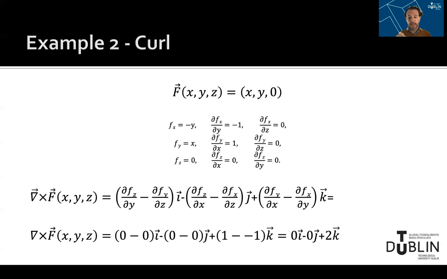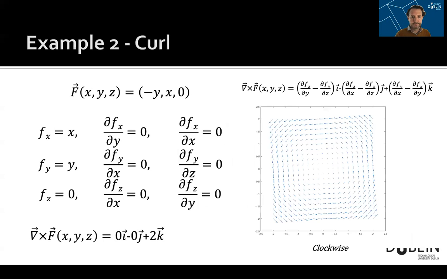And so that makes 0 in the i direction, 0 in the j direction, and +2 in the z direction. And that just means it's rotating around the z axis. That's it. That's everything brought together, and it's clockwise rotation around the z axis.